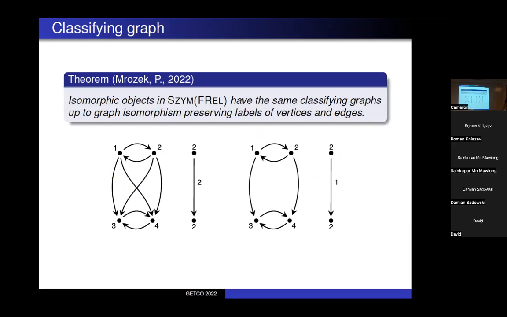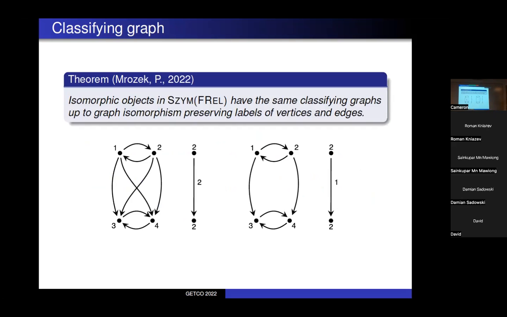Vertices are labeled by periods of corresponding components, and edges are labeled by the number of connections between components. And it turns out that isomorphic objects in Szymczak category have the same classifying graphs up to graph isomorphism preserving labels of vertices and edges. In that example, starting from the left, the first and third relation are quite similar.